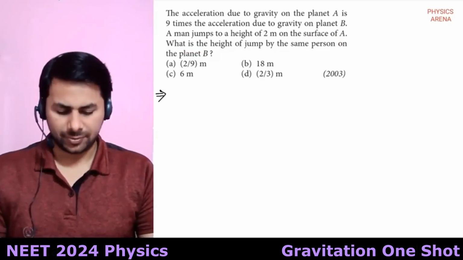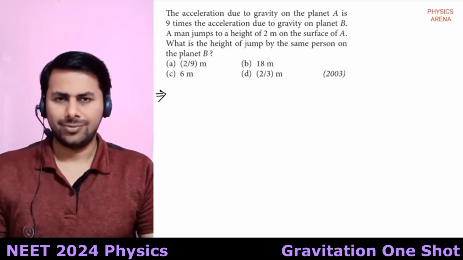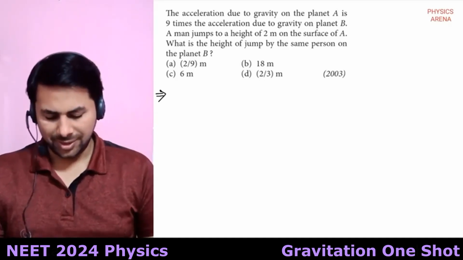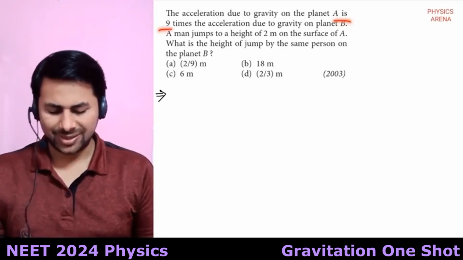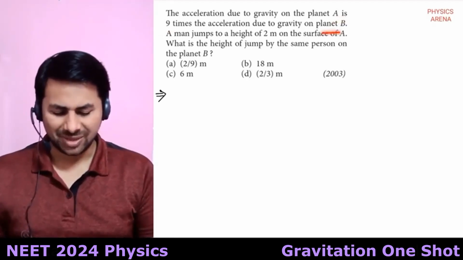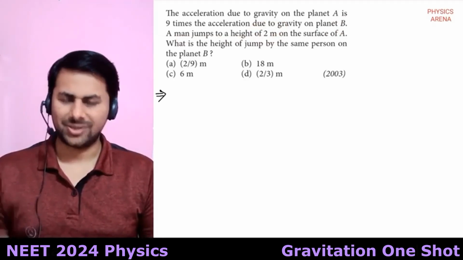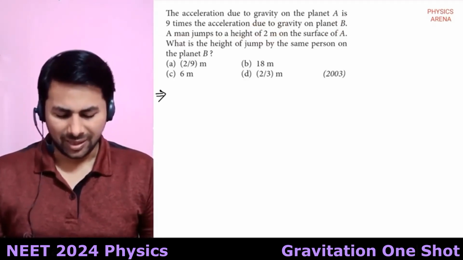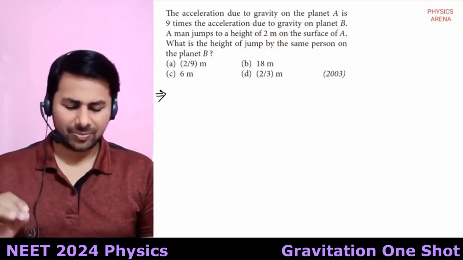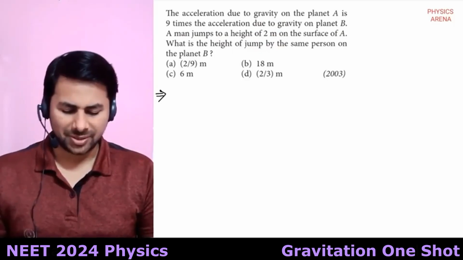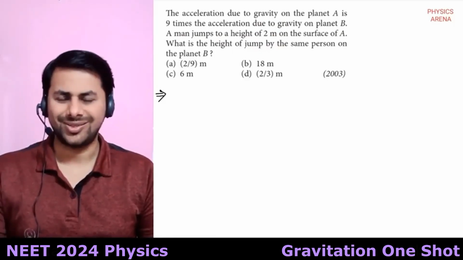Tell me. Acceleration due to gravity on planet A is 9 times that of planet B, and the man jumps to a height of 2 meters on the surface of A. What is the height of jump by the same person on planet B?